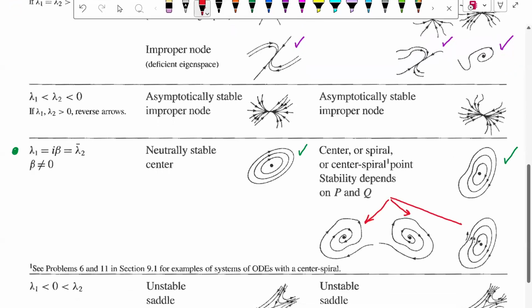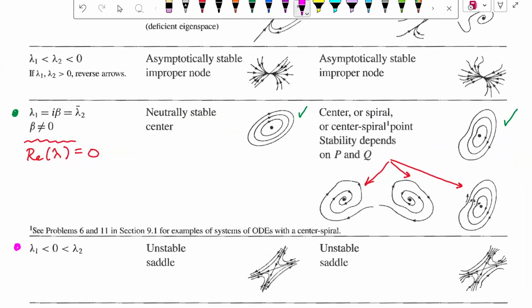And here's the kicker, that spiral could also have been either stable or unstable. So in the case of a neutrally stable center, notice what's happening is we have zero real part to our complex eigenvalue. And that's why a little bit more analysis will be required. Again, this is something that we're going to talk about more next week.